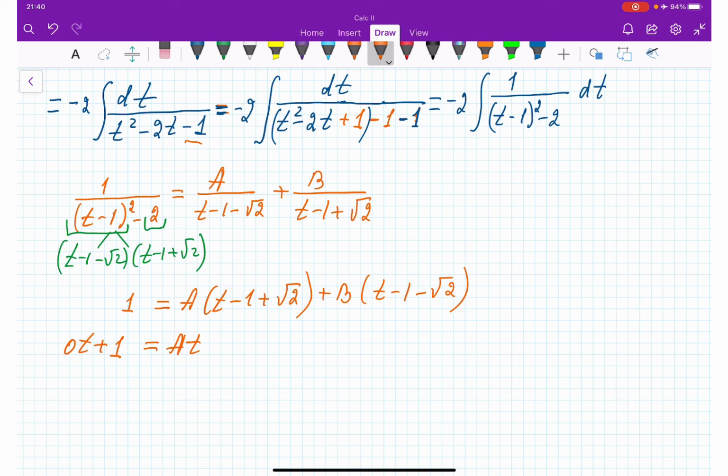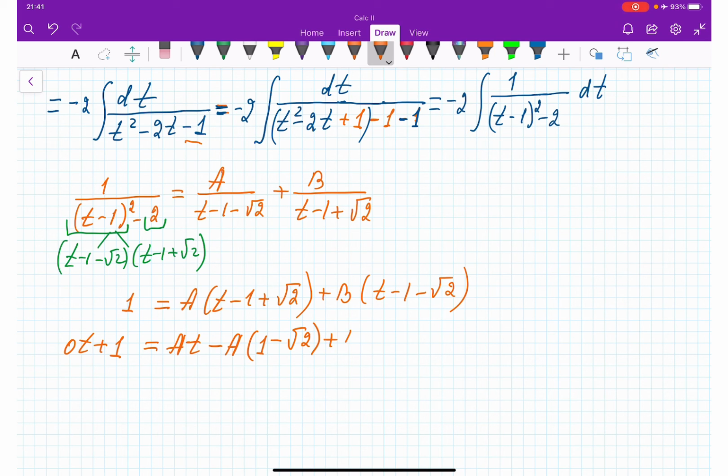Now, when I distribute by this and this, I'm not going to distribute separately by -1 and by square root 2, because both of them are available terms. Instead, I'm going to write down minus a, because I put minus, so every single sign in parentheses is going to flip, right? -1 will become +1, positive square root 2 will become negative square root of 2, correct?